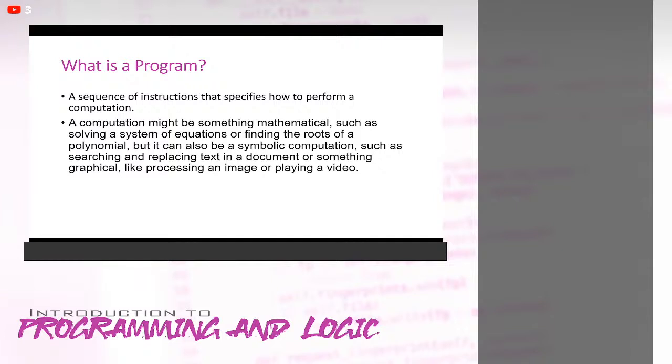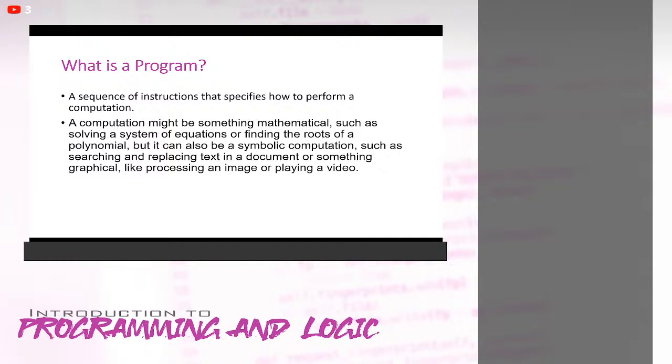But a program is just a sequence of instructions that specifies how to perform a computation. And a computation can be mathematical, like solving an equation or finding the root of a polynomial, but it can also be a symbolic computation. With symbolic computations, we're doing things like string operations, searching and replacing text in a document, or working with graphics, which we don't get to in this course.